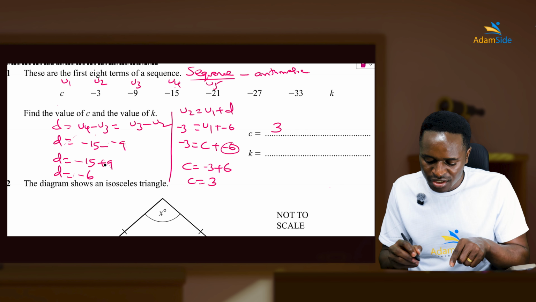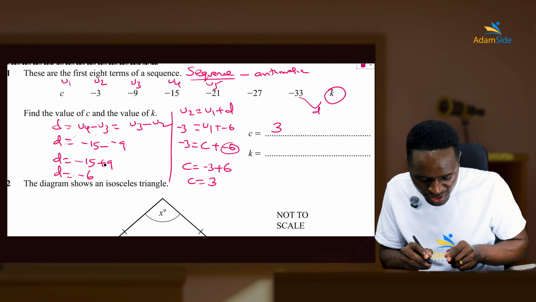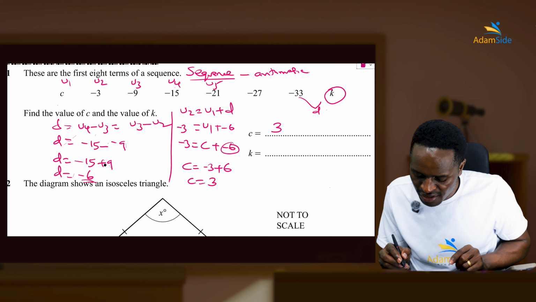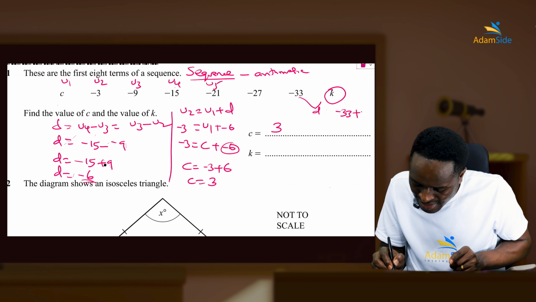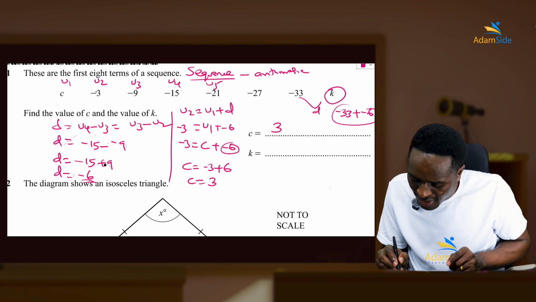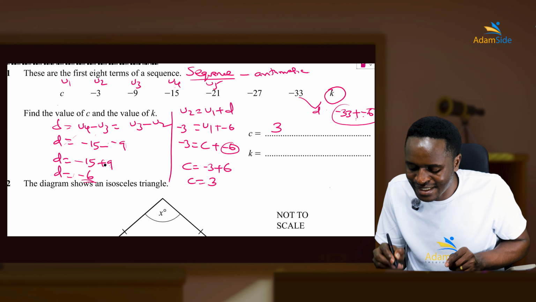Therefore, to get K, you take negative 33 plus the common difference, which is negative 6. When positive follows negative, the resultant is negative.